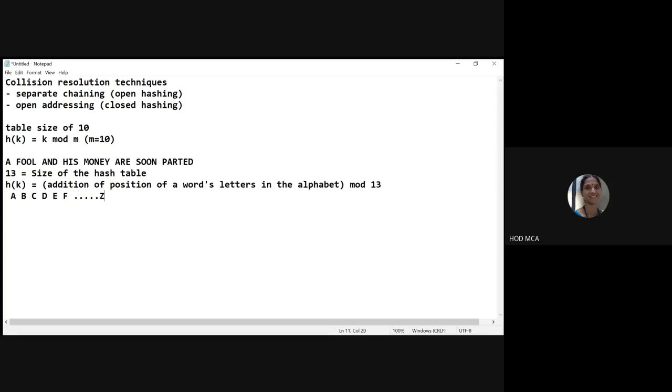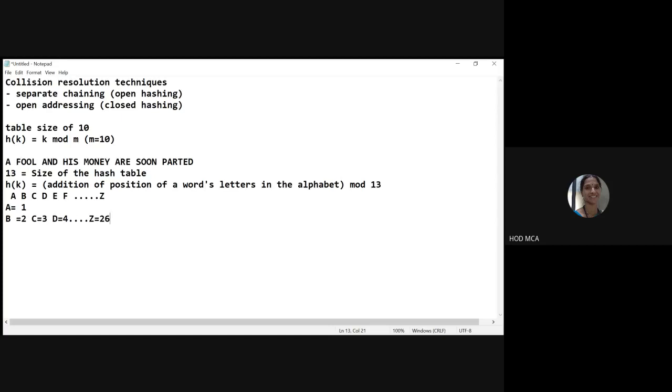We have up to Z, which means a total of 26 characters. Each letter has a position. The position of A is 1. What is the position of B? It is 2. The position of C is 3. The position of D is 4, and so on. The position of Z would be 26.